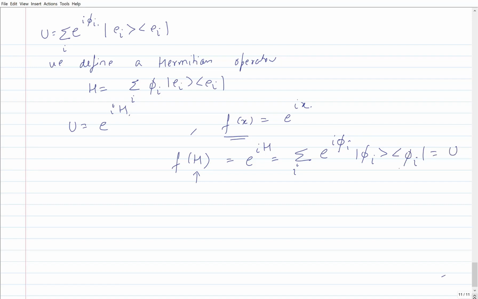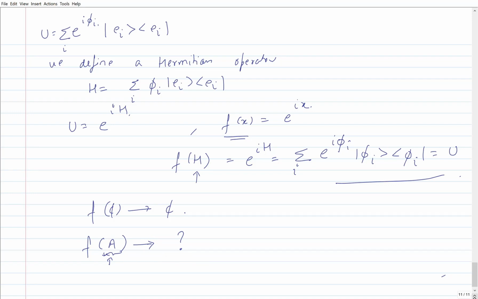I recover U. So the take-home message is that usually I am used to defining functions going from complex numbers to complex numbers, but I can also define functions taking an operator as input and giving me another operator. How do I evaluate that operator? Well, that's kind of easy.